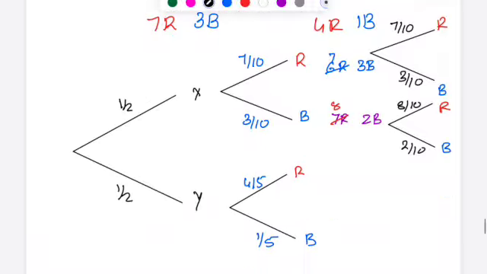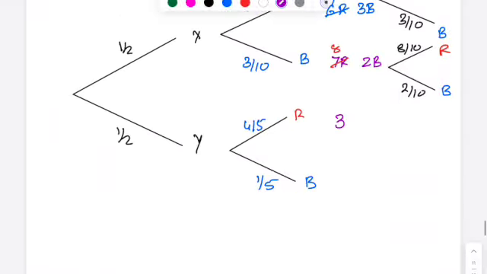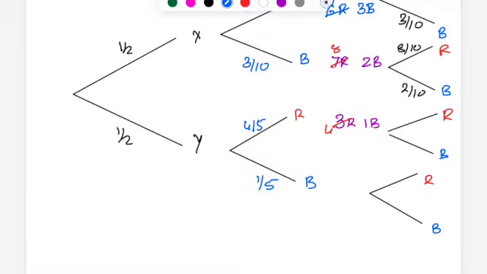Now, if the red marble is taken away from bag Y, which was 4 and 1, it becomes 3 red and 1 blue. But again, one red marble is added, so it will become 4 red and 1 blue. In that case, let me draw the two branches so that it is easy. The probability of red marble is going to be 4 upon 5, and blue marble is 1 upon 5.